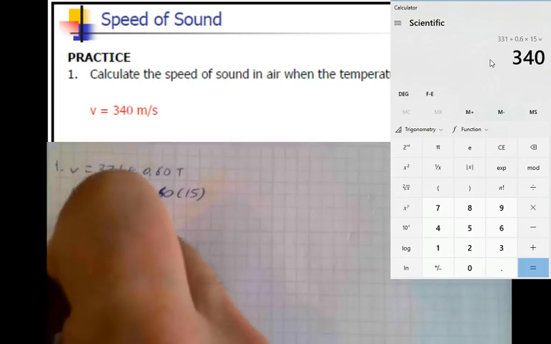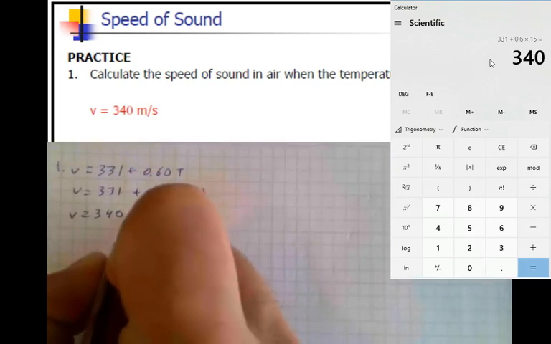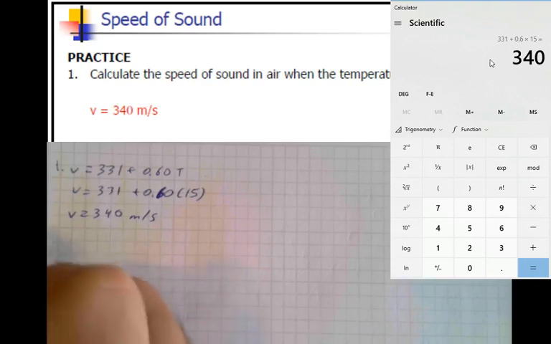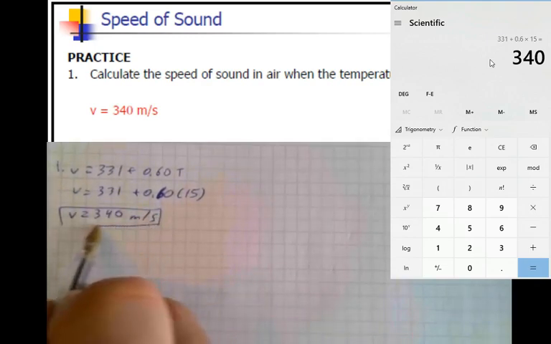We have a velocity of 340 meters per second. In this case, we already have it in two significant digits, so we can just stop there.